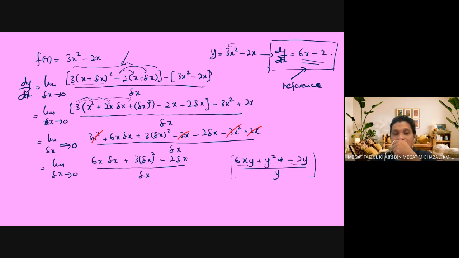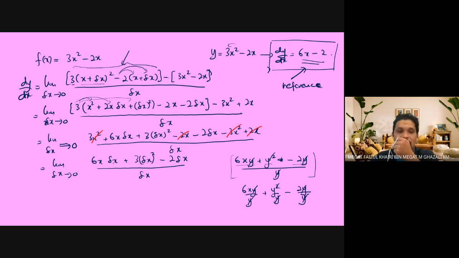We can only take out one of the y, this, this, and this, divided by y, because 6xy divided by y plus y squared divided by y minus 2y divided by y. So every single one of these, we can only eliminate one y. So what's left now? 6x plus y minus 2.